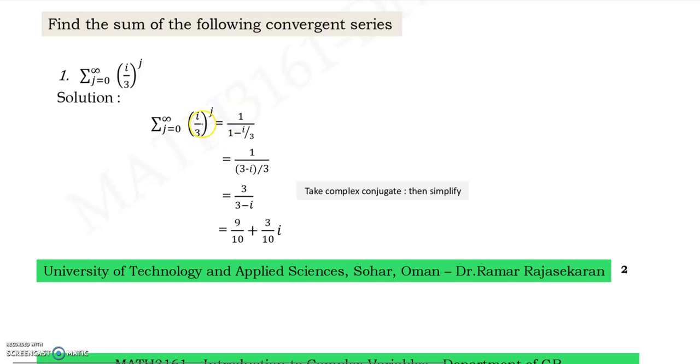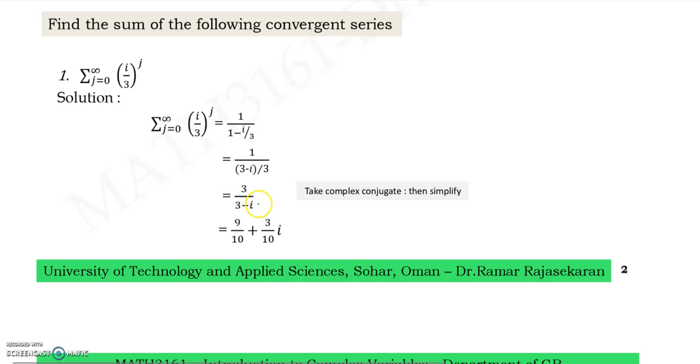So I can write this given sum as 1 over 1 minus x, where x is i over 3. So you write here i over 3, then you multiply this 3 with 1, so 3 minus i over 3. Then write the reciprocal of this, that is 3 over 3 minus i.